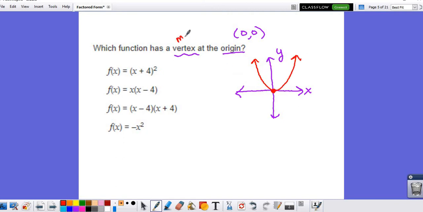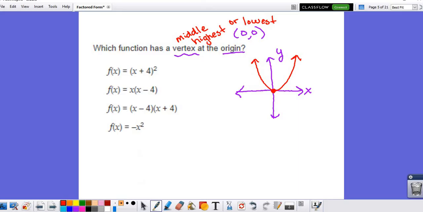Okay, so the vertex is your middle, and it's your highest or lowest point. And whatever that middle point is, the highest or lowest point has to be at 0, 0 for this to be your answer. And again, just go to Desmos and type this in.